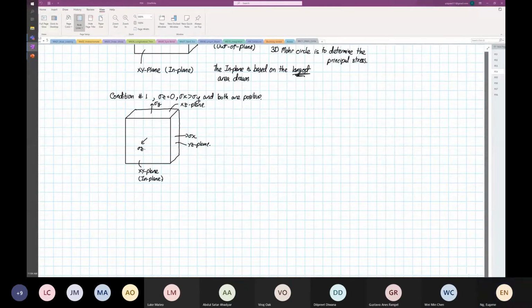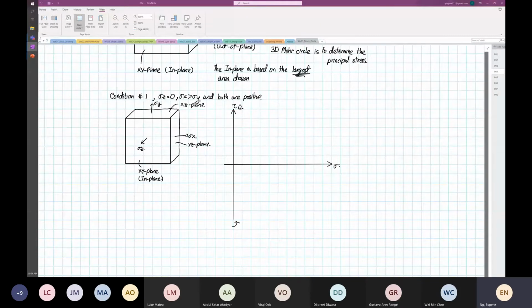Okay. So this is your normal stress. And then still the same. So this is your shear stress. Okay, so shear stress, still the same thing like 2D, element rotate clockwise, element rotate anti-clockwise.